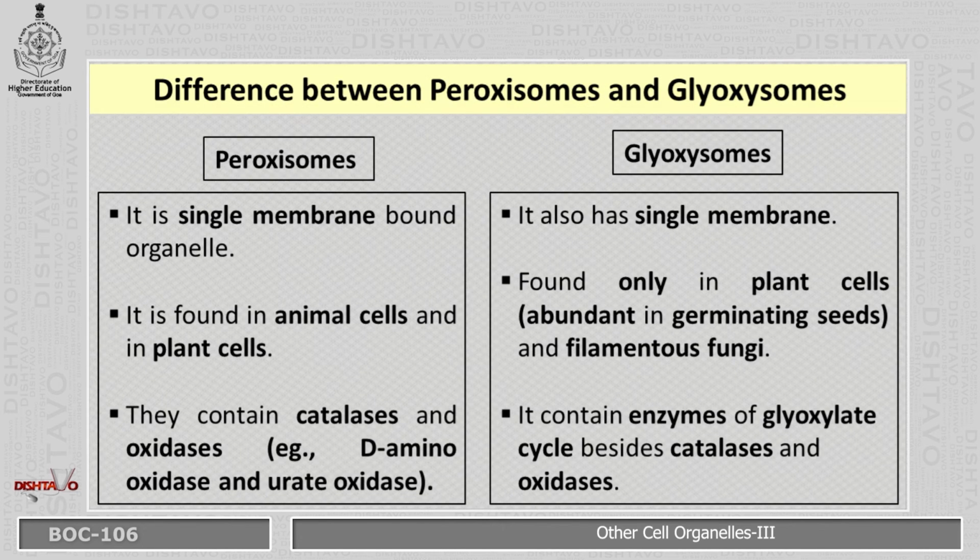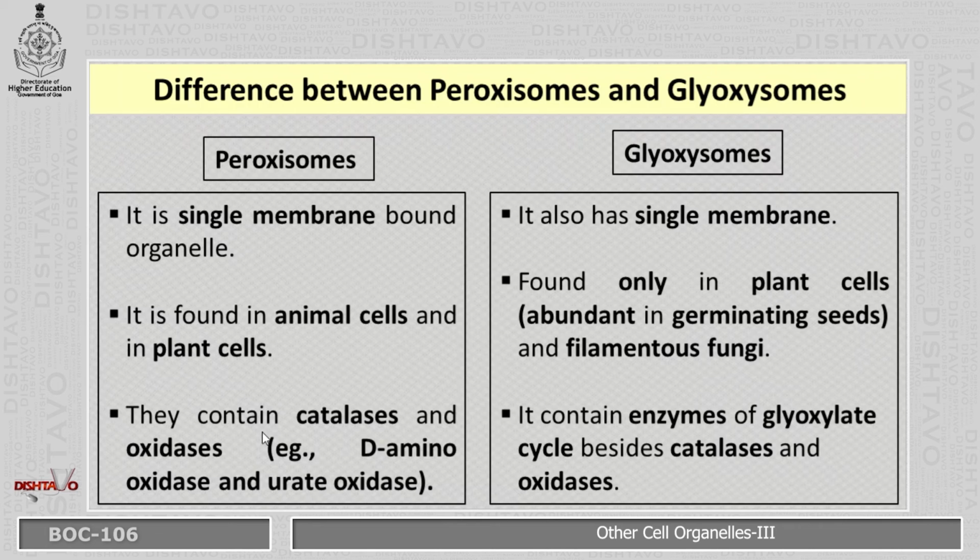Let us see the difference between peroxisomes and glyoxysomes. Peroxisome is a single membrane bound organelle, and glyoxysome also has a single membrane. Peroxisome is found in animal cells and in plant cells, whereas glyoxysomes are found only in plant cells, abundant in germinating seeds and filamentous fungi.